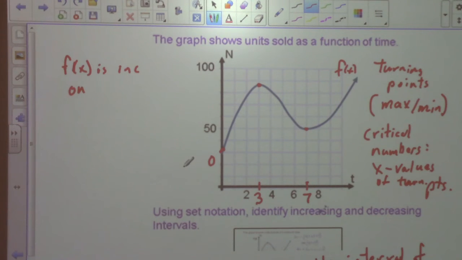Okay, so where is this function increasing? So 0, 3, and so x. Anywhere else?